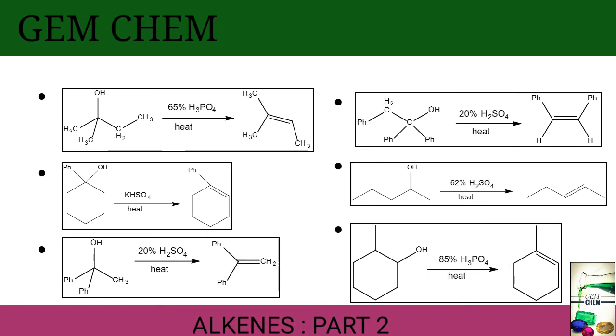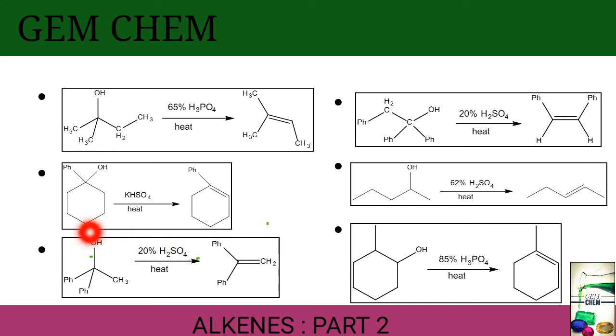So see this one, here a 3-degree carbon atom is used, that is a tertiary alcohol, and we have used KHSO4 and heat to get an alkene. Similarly the last one is also a 3-degree alcohol and we have got an alkene.